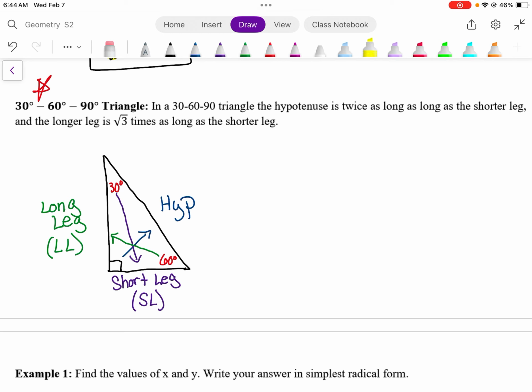Let's start with the hypotenuse is twice as long as the short leg. This one is going to be the easiest. So your hypotenuse is equal to 2 times whatever your short leg is.